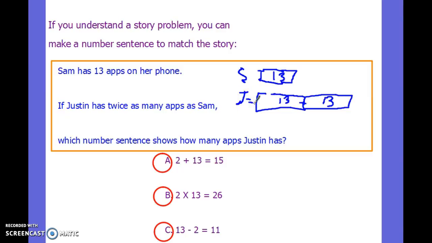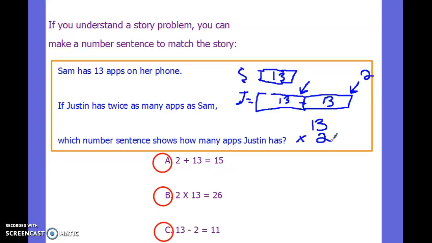Or because I know that repeated addition is nothing more than multiplication, it's 13 times my total number of groups. Well, I have one group in this bar of 13 and a second group in this bar of 13. That gives me 2 total groups, which tells me I'm really just multiplying 13 times 2.